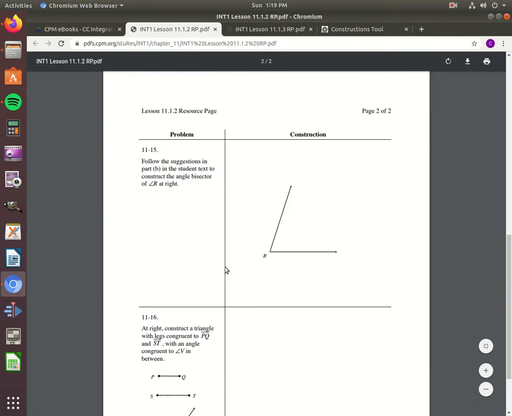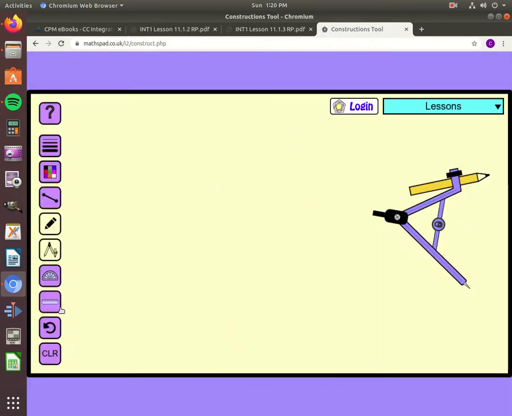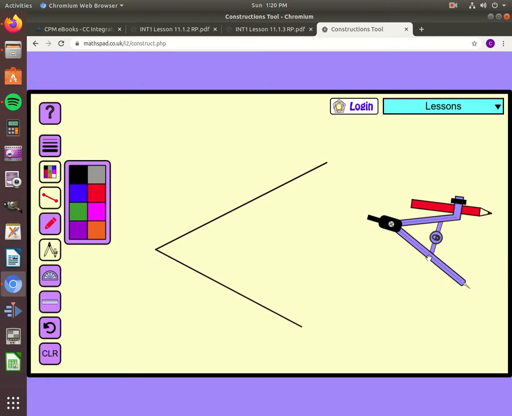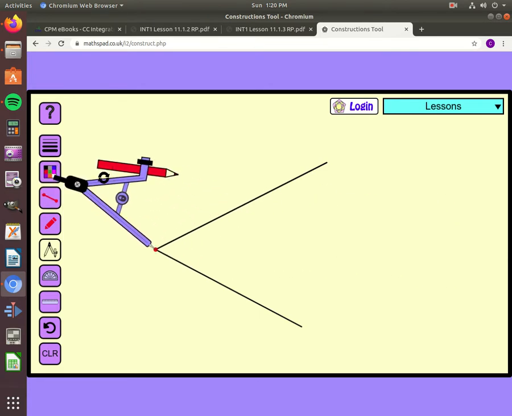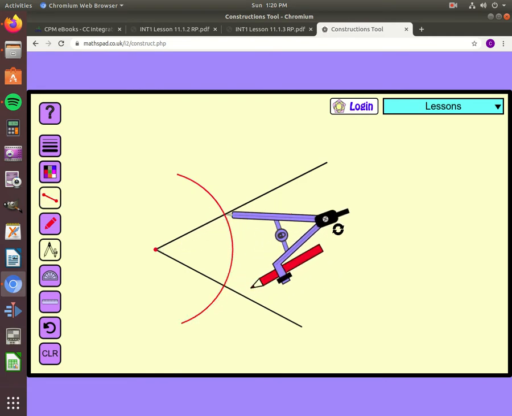Alrighty, let's move along, and we're going to do an angle bisector. And again, I explain the angle bisector in the introductory video. So I'm just going to do a real quick one right here and not spend a ton of time on it. But I'm going to go ahead and take this length and go ahead and get my arcs.